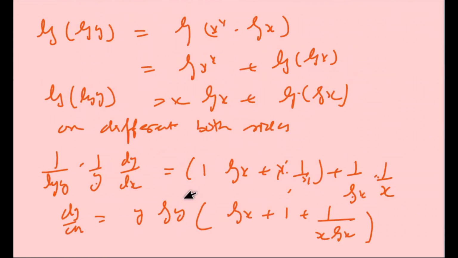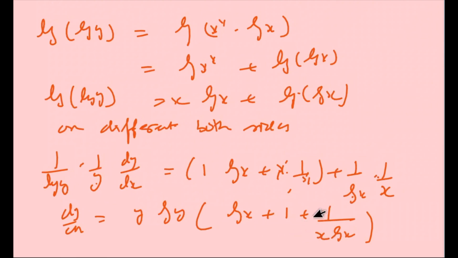So dy by dx equal to x to the power x, and log y is equal to log of x to the power x, into log x plus 1 upon log x.